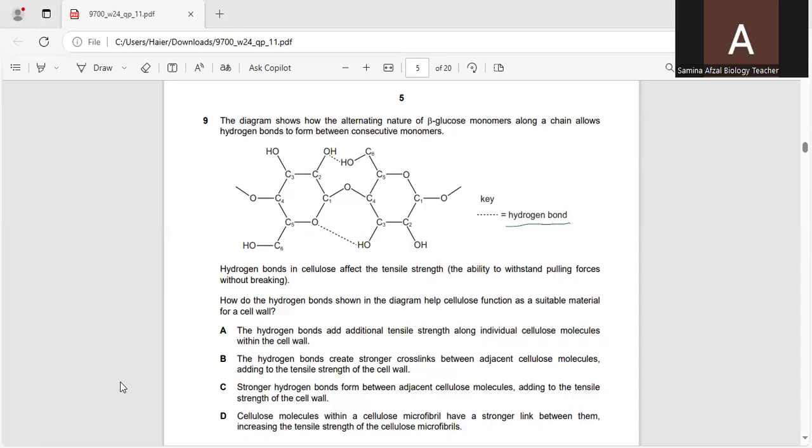Okay, so you can see these are the hydrogen bonds. The hydrogen bonds add additional tensile strength along individual cellulose molecules within the cell wall.